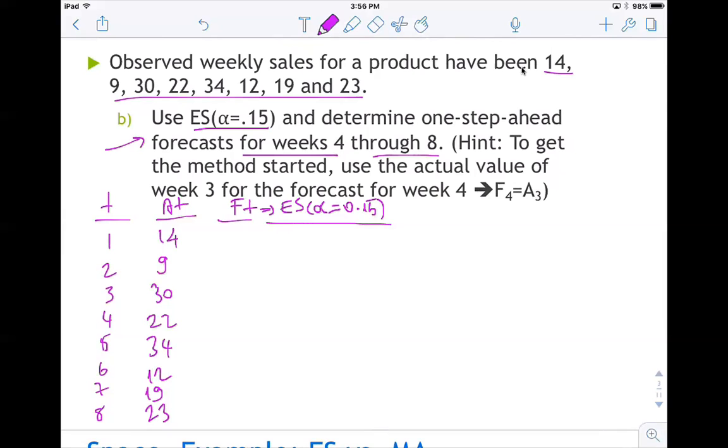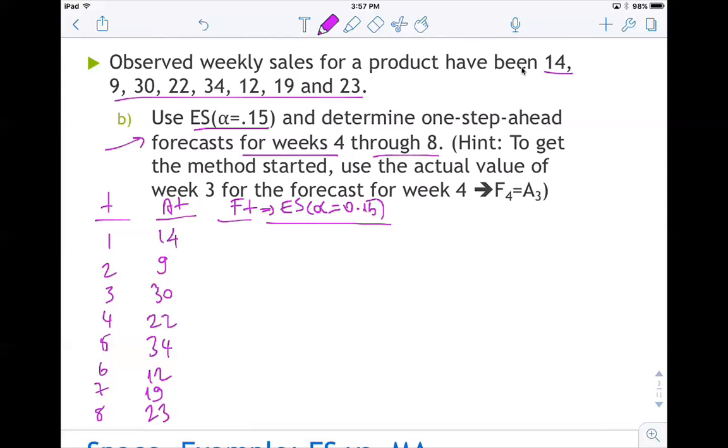Because we also came up with a forecast for the same problem in the previous videos by using the moving average method with n equal to 3. Remember, we looked at the 3 most current observations. So in that problem, we didn't have any forecast for the first 3 weeks. That's why this problem is telling us that we should also make a forecast for weeks 4 through 8 only.